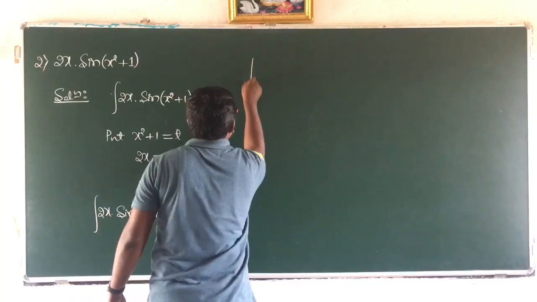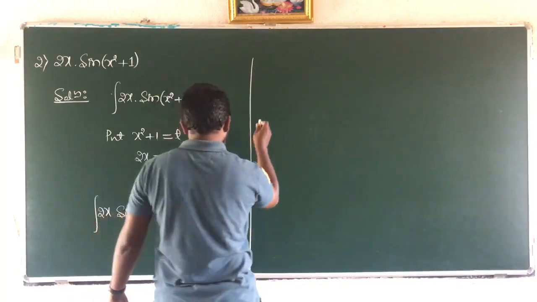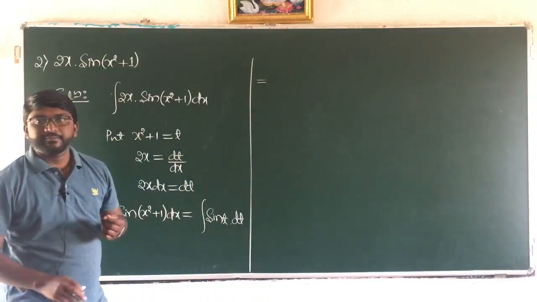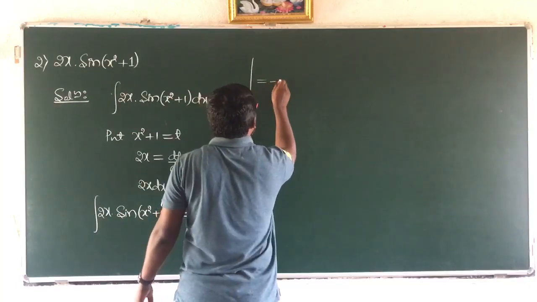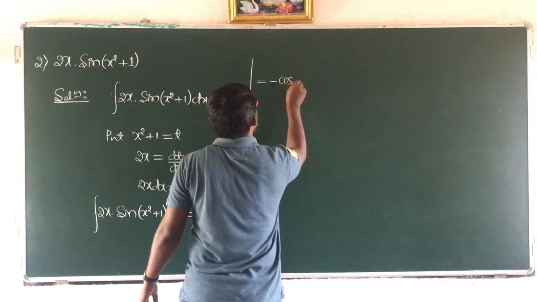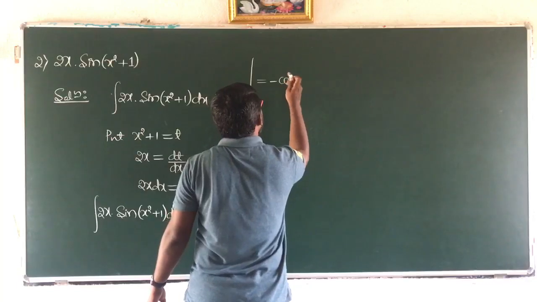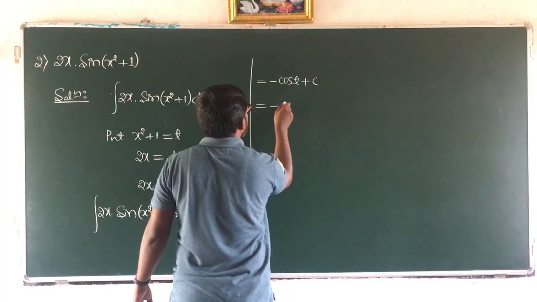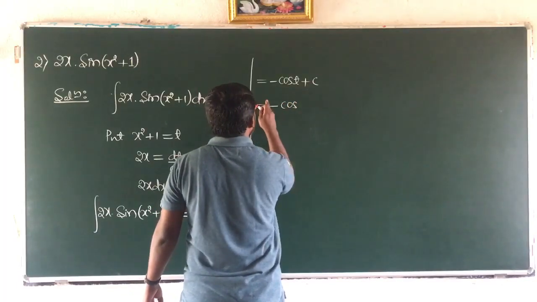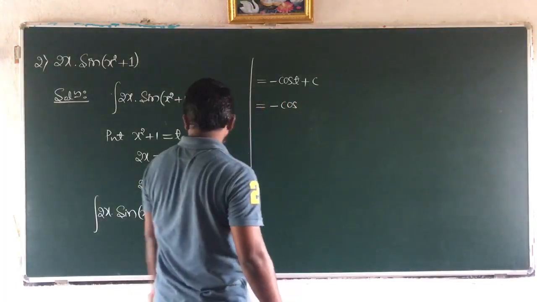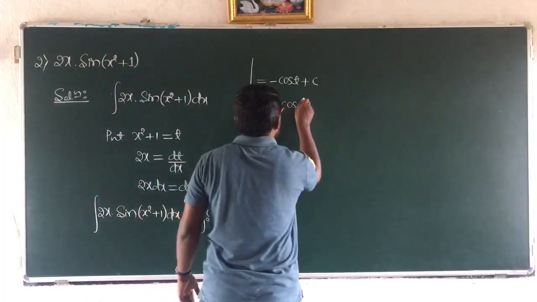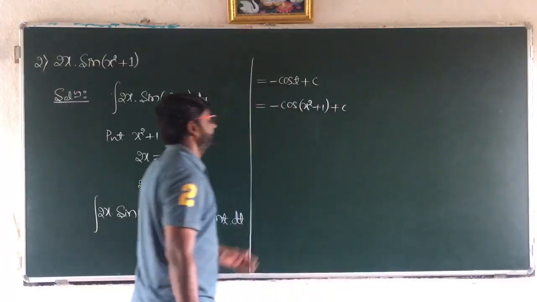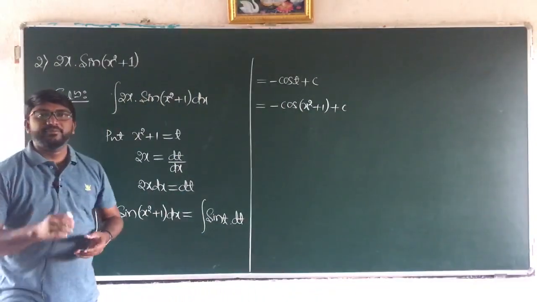Now what is integral of sine t dt? It is minus cos t plus c, which equals minus cos, what is t now? t will be x square plus 1. So minus cos of x square plus 1 plus c. So this is the answer for the second example problem.